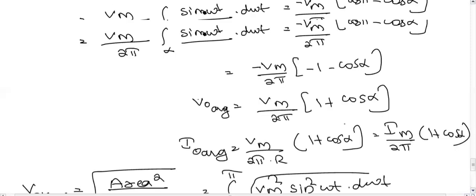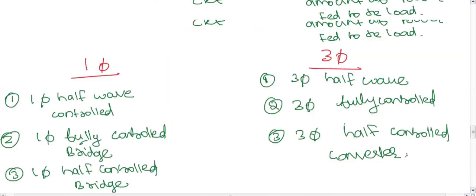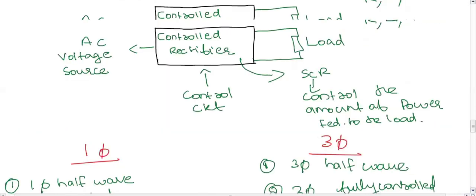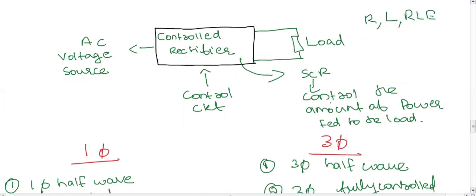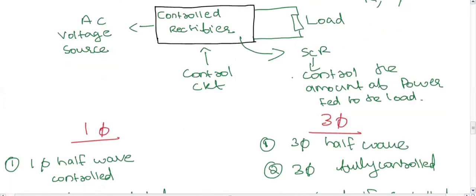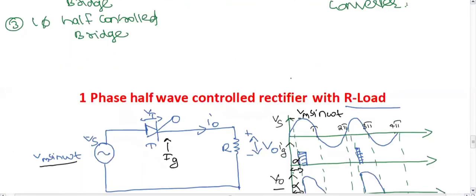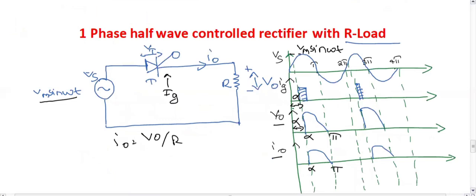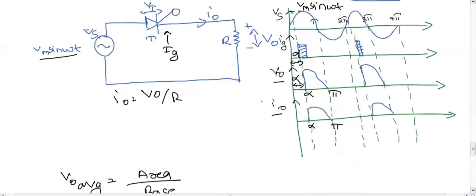So what all we have seen? We have seen what is a rectifier, controlled rectifier, then single phase and three phase, and the classifications. Then the first classification, that is single phase half wave controlled rectifier with R load. In case of an R load, the waveforms: input voltage, current, output voltage and output current, what the magnitude is, what happens with the firing angle alpha, everything.